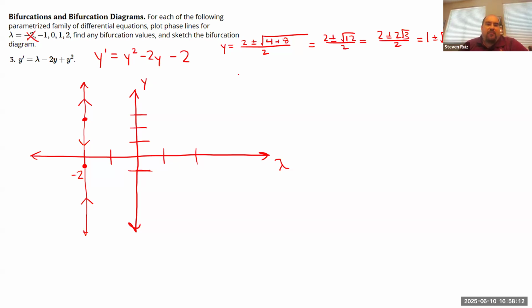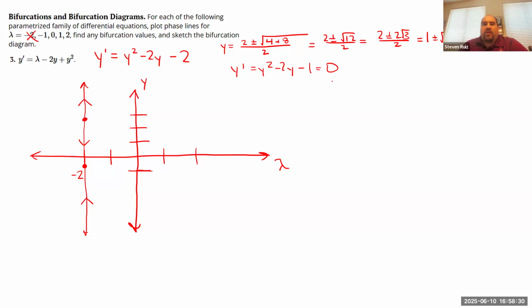What happens with lambda equals negative 1? So y prime equals y squared minus 2y minus 1 equals 0. Does this factor?